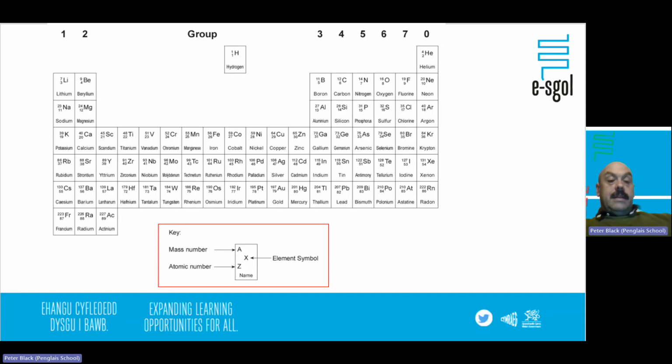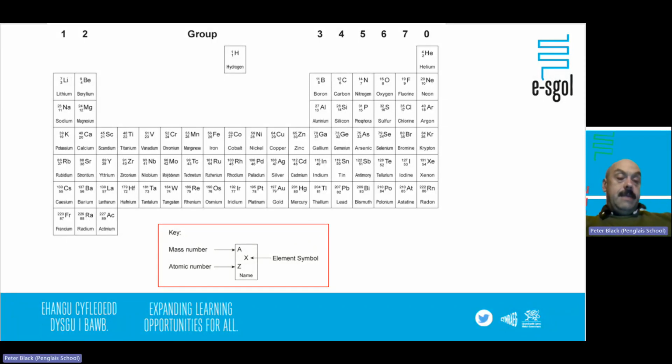So the next thing we're going to do is look at the periodic table, so we can work out how many particles these atoms have. These atoms all share that general structure of the protons and neutrons in the nucleus, and electrons in the shells. What makes them different is how many of these particles they contain. If you go to the periodic table that you have in the examination, you'll see at the bottom there's a key or a legend.